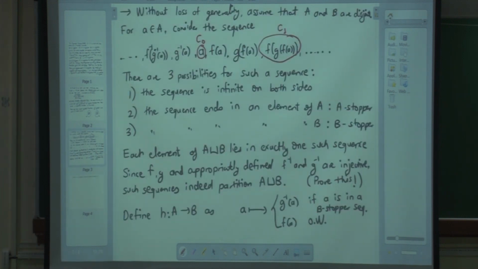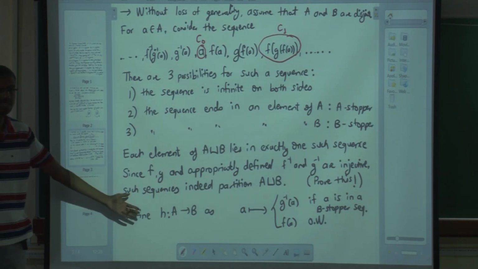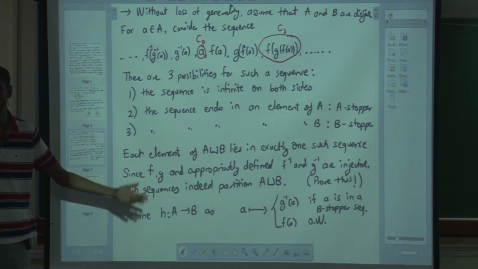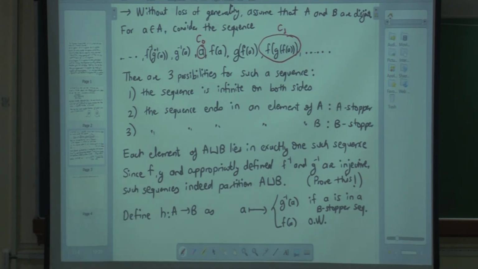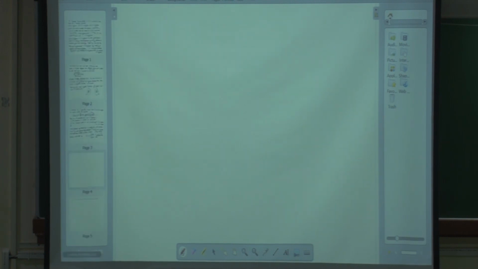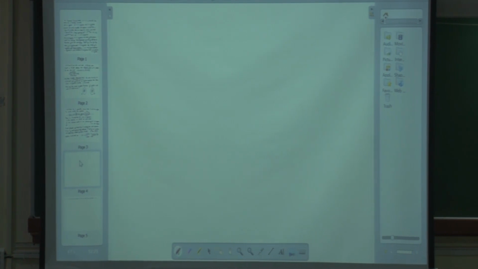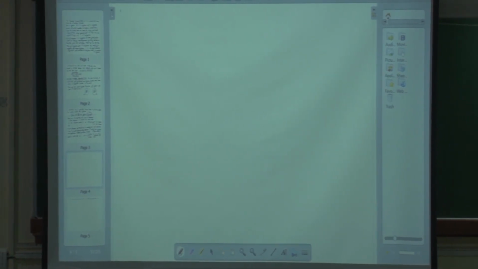So A maps to G inverse A if A is in a B stopper sequence, and otherwise just f of A. Okay. Now whatever function we have defined, we have to show that it is bijective. So first we have to show it is injective. So let us do that. H is injective.